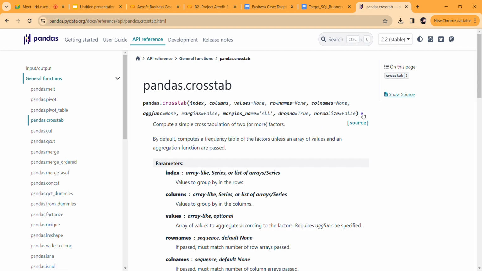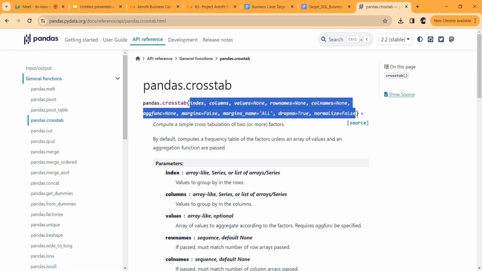You can see normalize is false by default. Dropna is true by default. If you want to mention it you can, otherwise by default it is true. Margins name is like All, and you have to put margins as true if you want to see the margin. If you don't want to see the margin, you don't need to put it, as it is false by default.